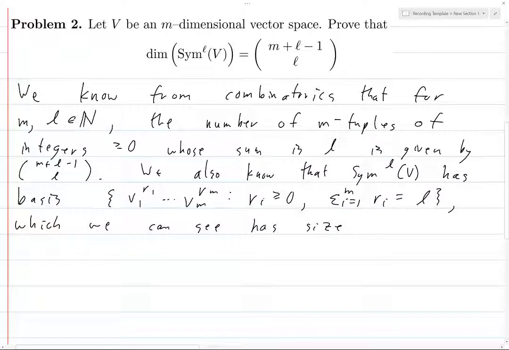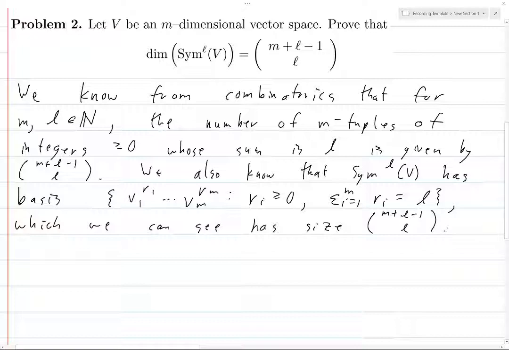So you can associate any basis element with the m tuple r1 through rm, and we know that each ri is an integer greater than or equal to 0, and the sum is L. And so we appeal, it's exactly what this combinatorics statement gives us. And so by that fact, it has size m plus L minus 1 over L. And that's how you prove it.